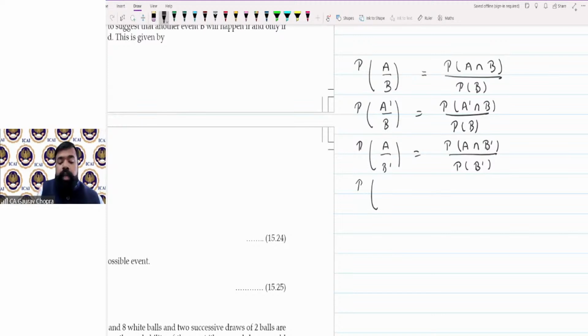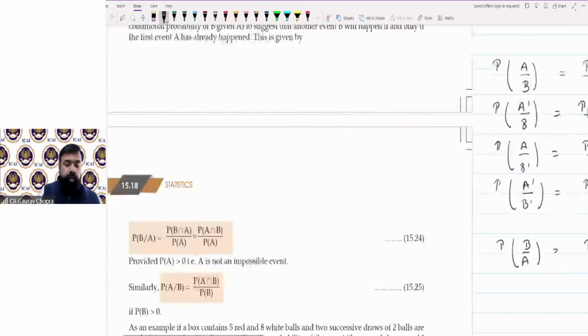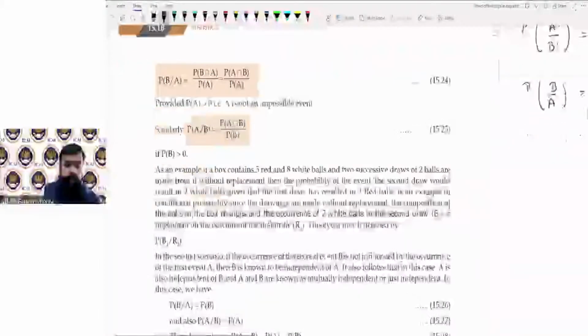If A dash upon B dash is there, then we will write probability of A dash intersection B dash divided by B dash. And if it is B upon A, it means probability of A intersection B, that is the common portion, will be in the numerator divided by the probability of the denominator. So in this way, you can prepare your formula. This is known as conditional probability.